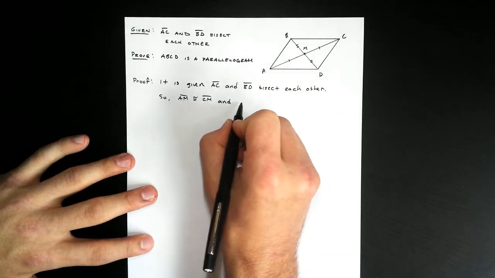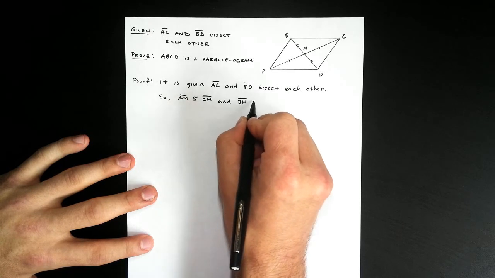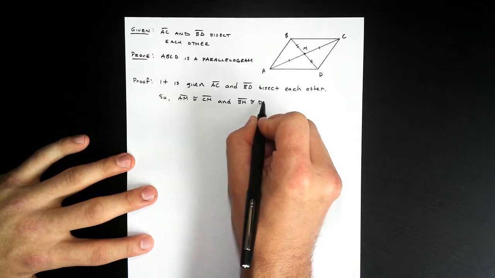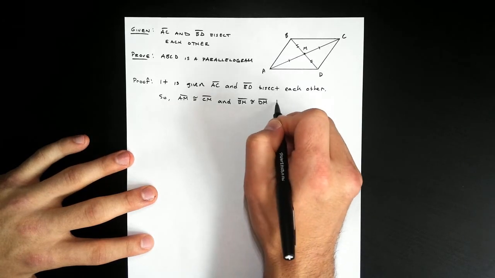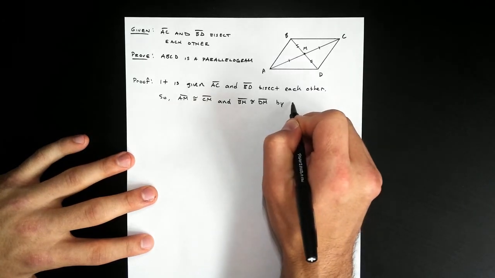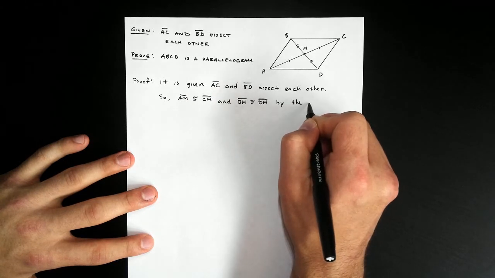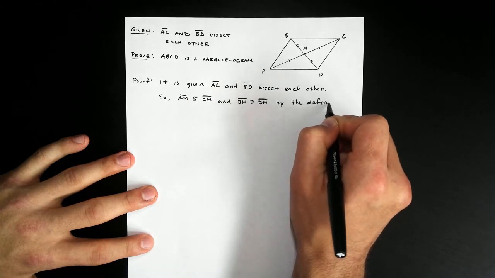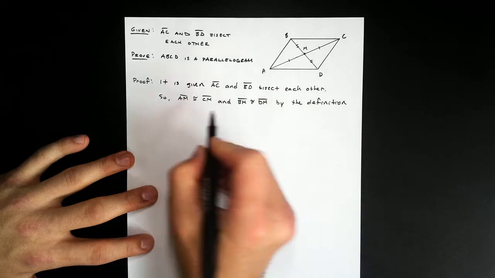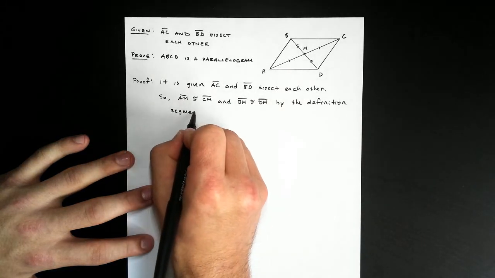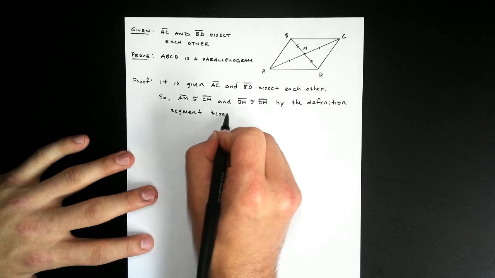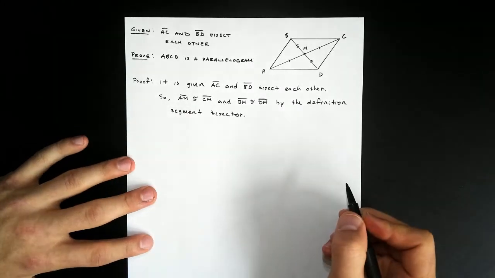And then for our other diagonal, we know that BM is congruent to DM. And that's just the definition of a bisector. And in this case, it's specifically a segment bisector.